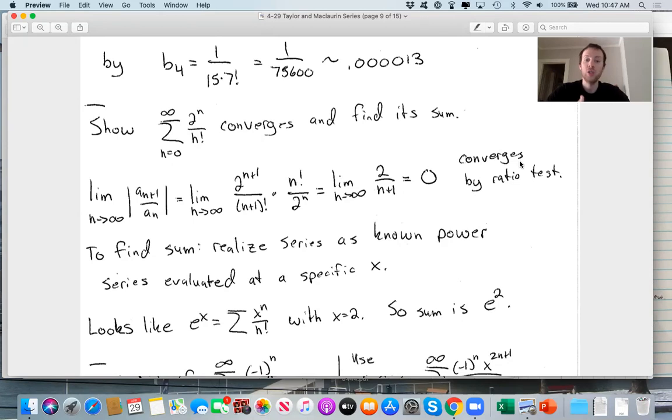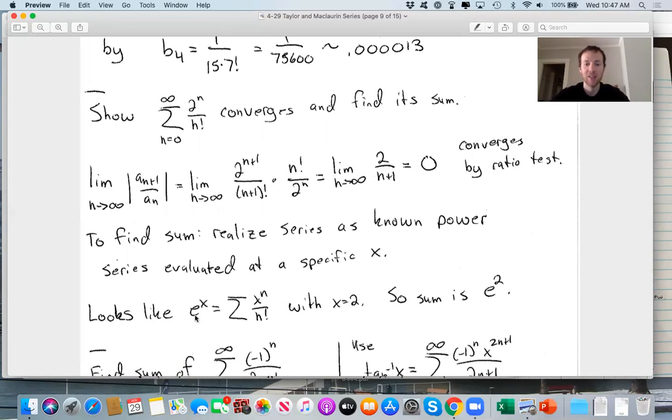But what you can do is say, this 2 to the n over n factorial looks like I took the series for e to the x and put 2 into it. So e to the x is the sum of x to the n over n factorial. If you put in a 2, that's where this series comes from.